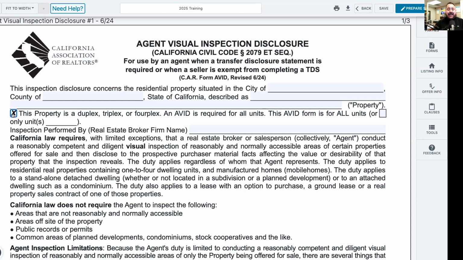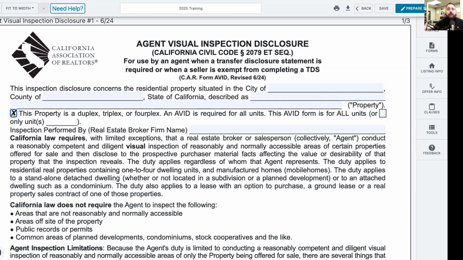Now, I can do one AVID for all 4 units if I have 4 units, but it's going to be pretty difficult to get all of my visual inspection information into one AVID. My suggestion is, just like we talked about 2 weeks ago with the transfer disclosure, you do one AVID. Let's say, for example, this is a triplex.